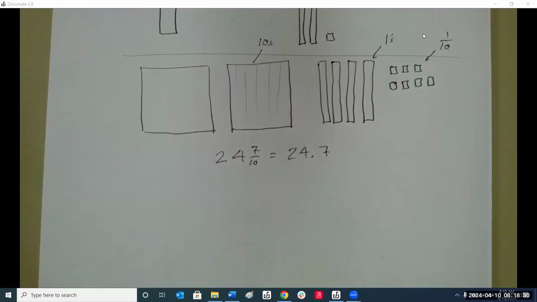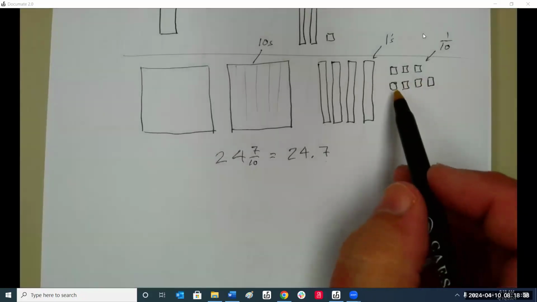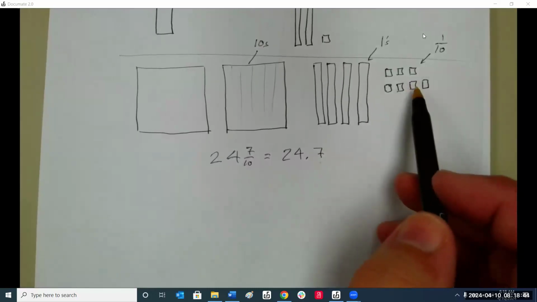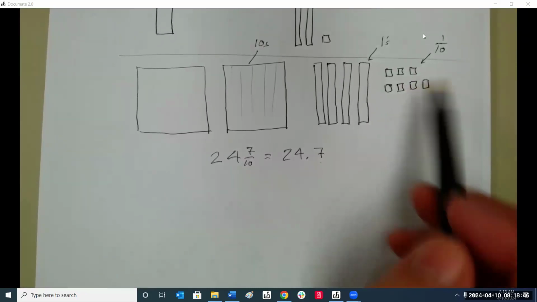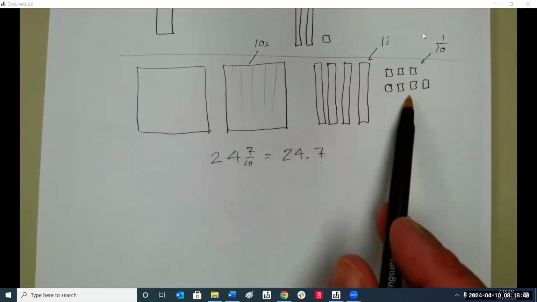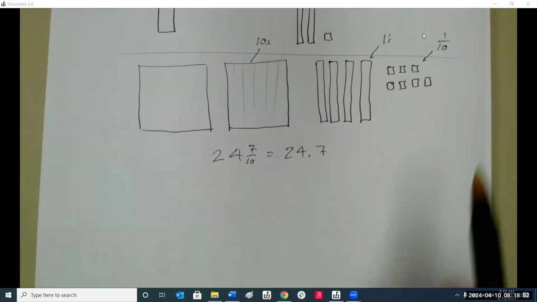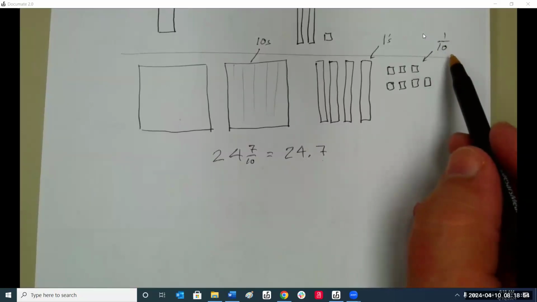You have to first define what these blocks are before you get going. Earlier, these used to be ones, then it'd be 247. But now we're talking about decimals. We define these as 1/10.